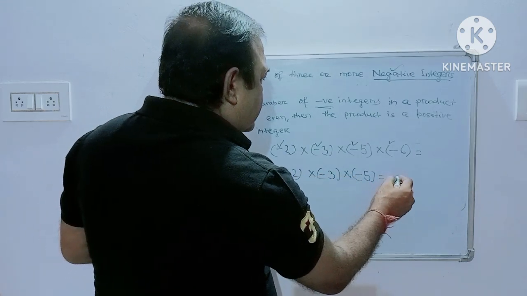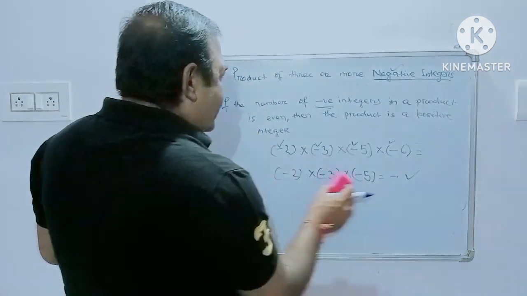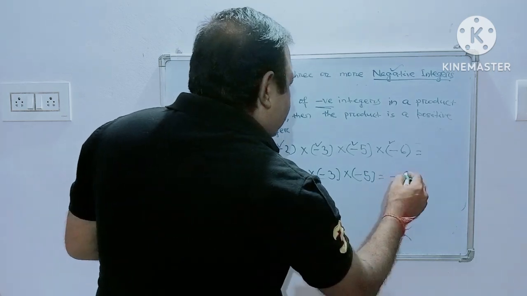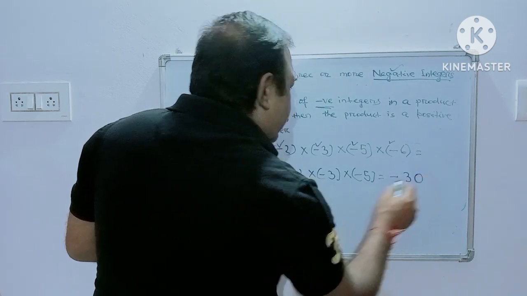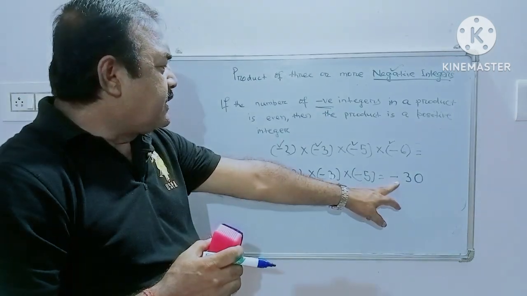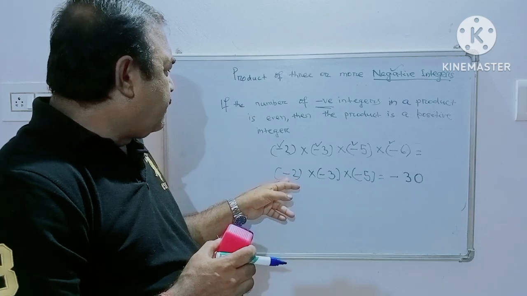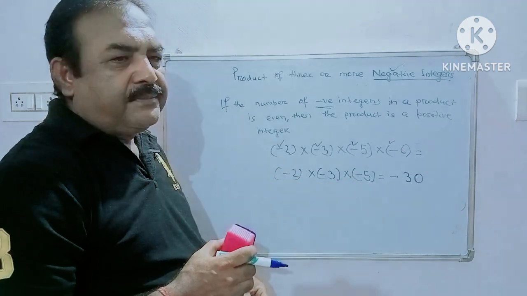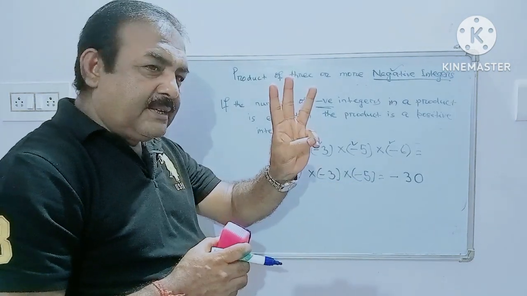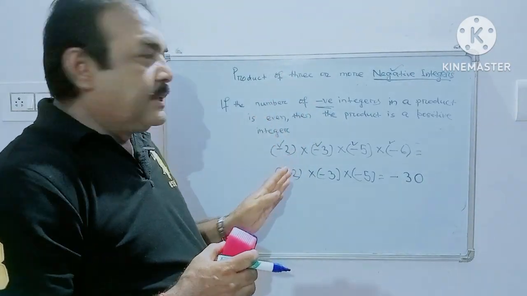So definitely this will be a minus answer. And finally, let it be 30. Yes or no? Ultimately, the product is minus 30. So why this minus sign? Now you see the number of negative signs is 3 in the multiplication. So you should remember this.